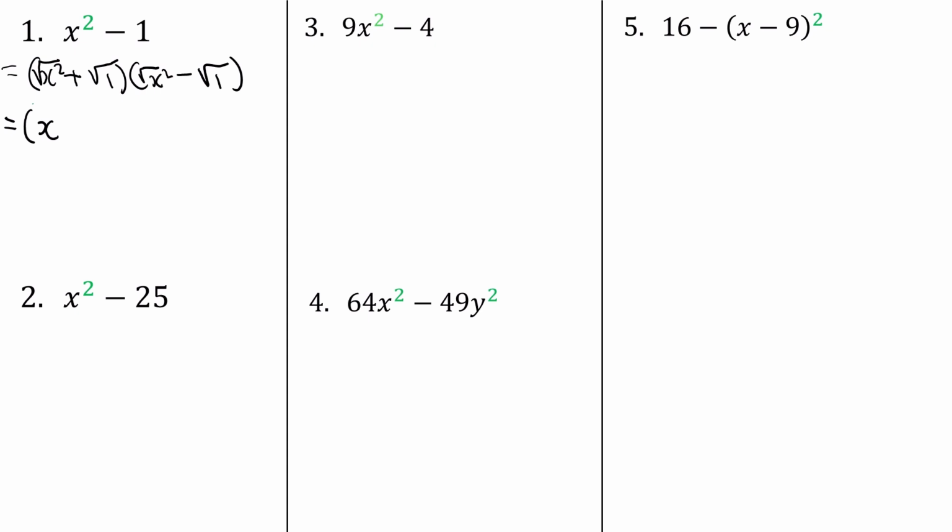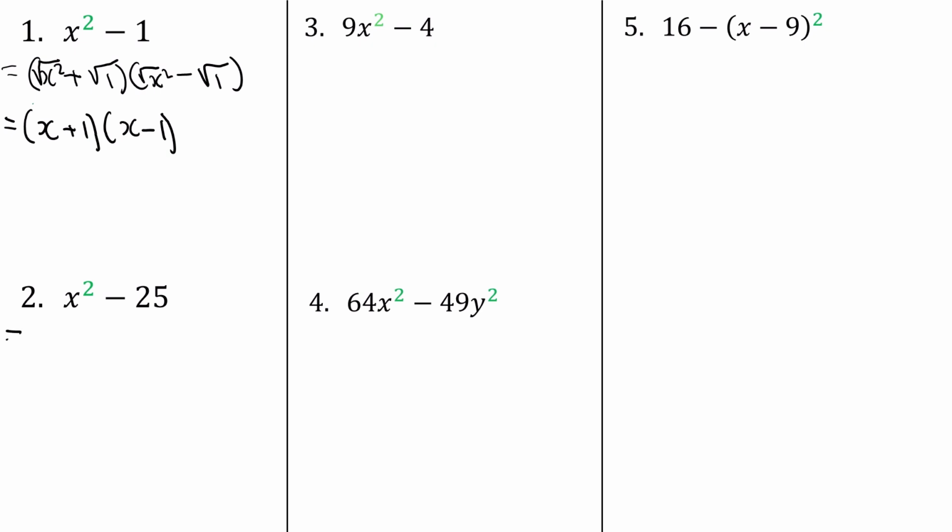And square root of 1, if you press it on your calculator, is just 1. So you do the very same thing here: square root of x squared is x minus square root of 1, which is 1. So just like that, you have found your answer.